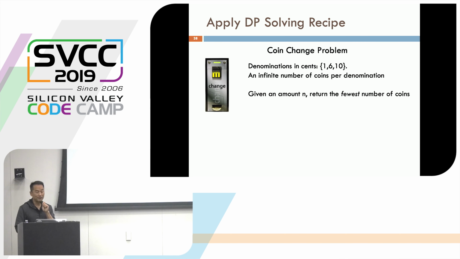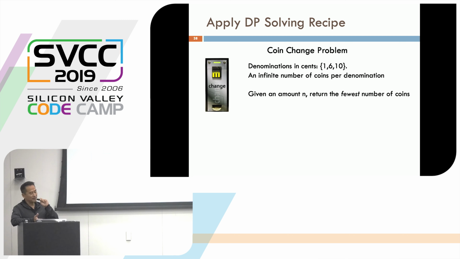Okay, now let's go to a slightly different problem. Still about coins. So we have this machine that can make change. Okay, you give it a certain amount of dollars, it gives you back a bunch of coins. The only denominations that it can support are 1 cent, 6 cents, and 10 cents.